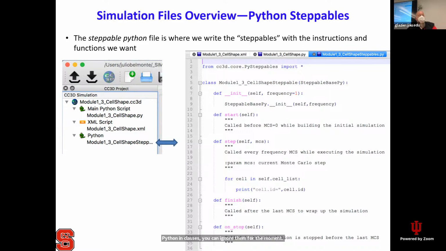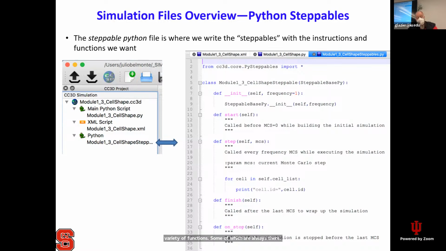But you'll see that the steppables import a steppable pattern. And then we have a class, which here is something steppable, which inherits steppable base pi. And then inside of that steppable, we're going to have a variety of functions, some of which are always there.